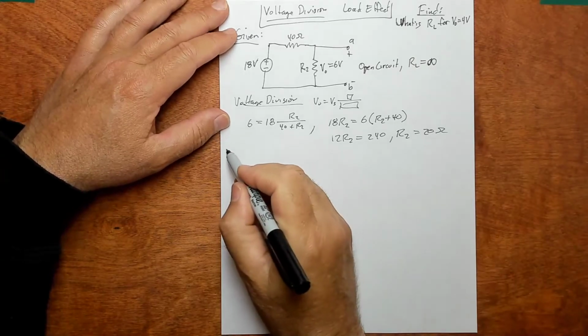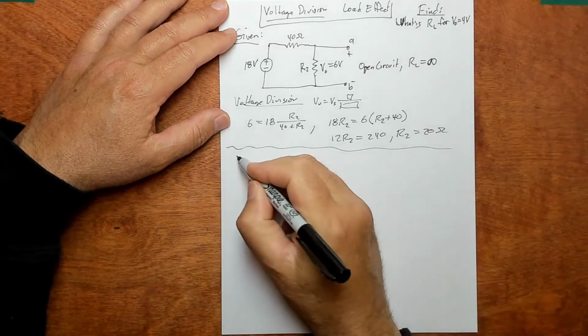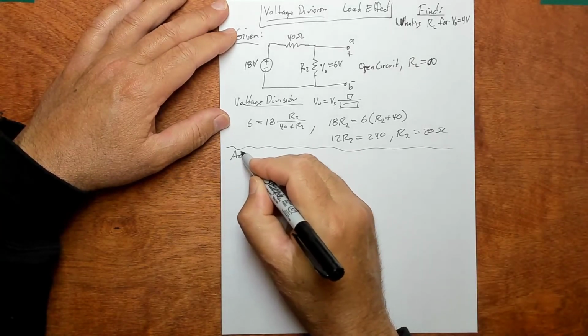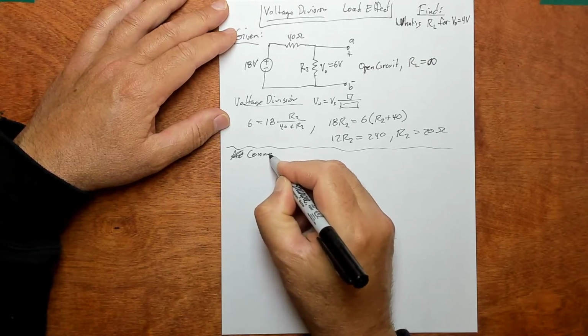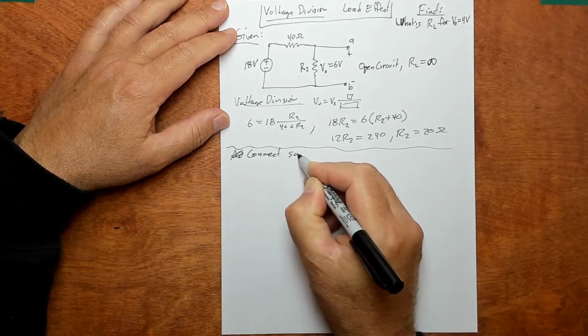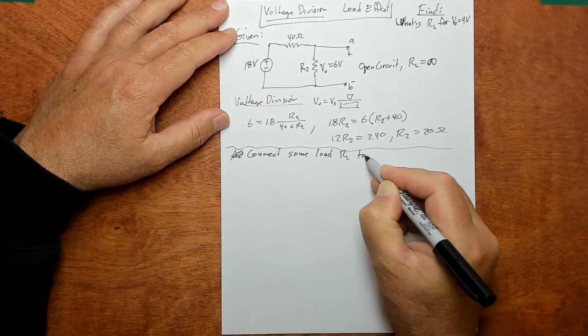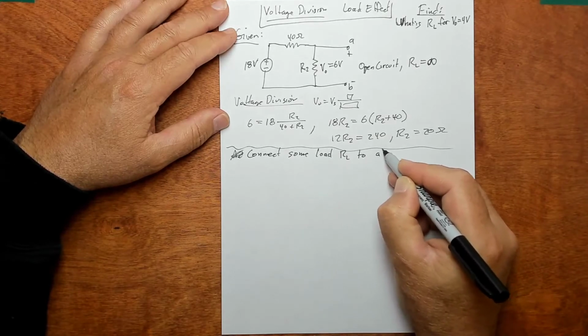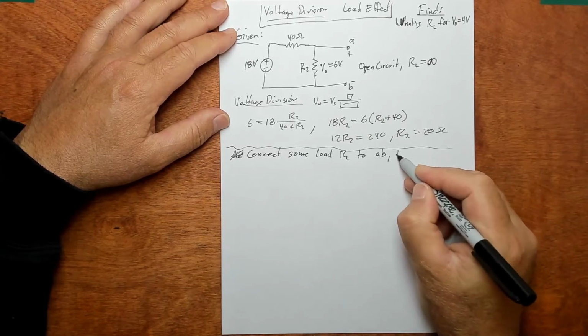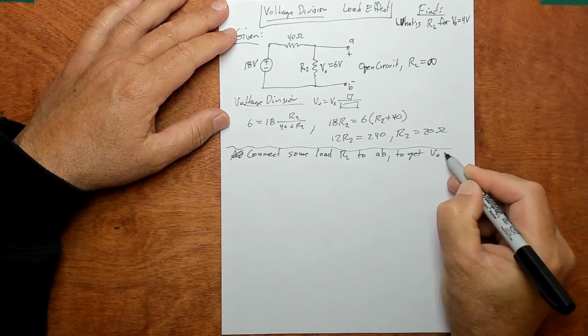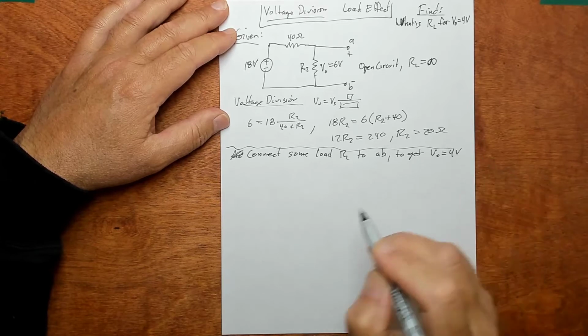Okay, now we want to add in, or connect, just to be clear, connect some load R sub L to the A, B terminals to get V0 equals 4 volts.